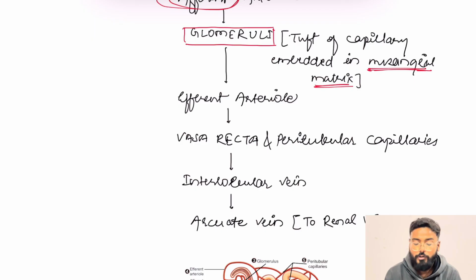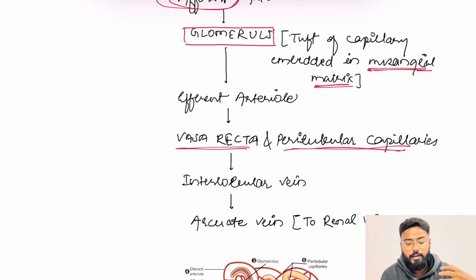Now this glomerulus continues to form the efferent arteriole, and this efferent arteriole forms the peritubular capillaries and vasa recta. The vasa recta is the continuation of the peritubular capillaries. These capillaries are woven around the tubules, and this continues into the vasa recta.